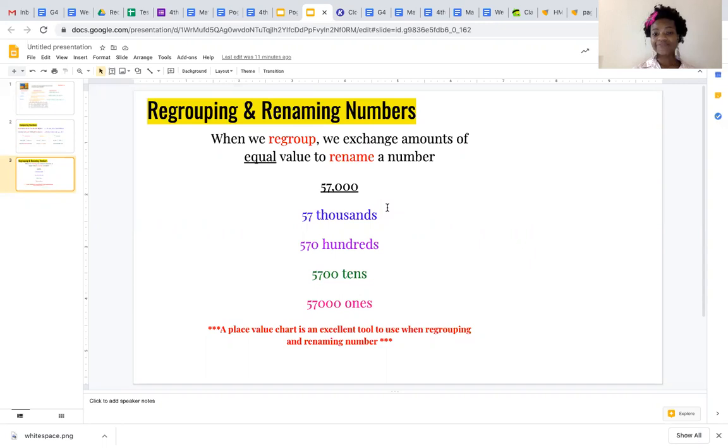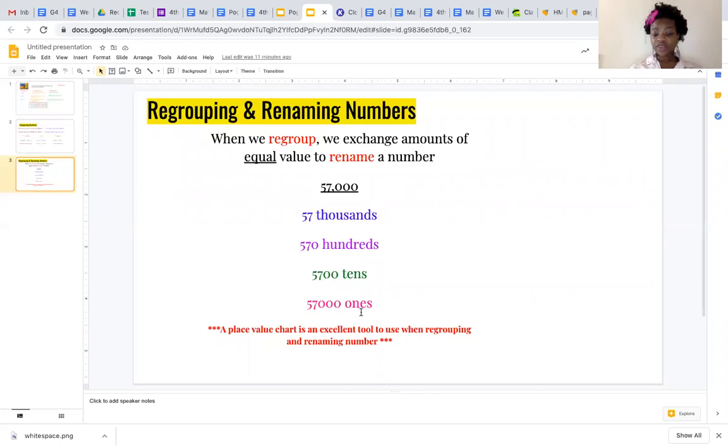The values have to be equal in order for us to rename numbers. Looking at these numbers here, all of them are the same. All of them give us the same value.